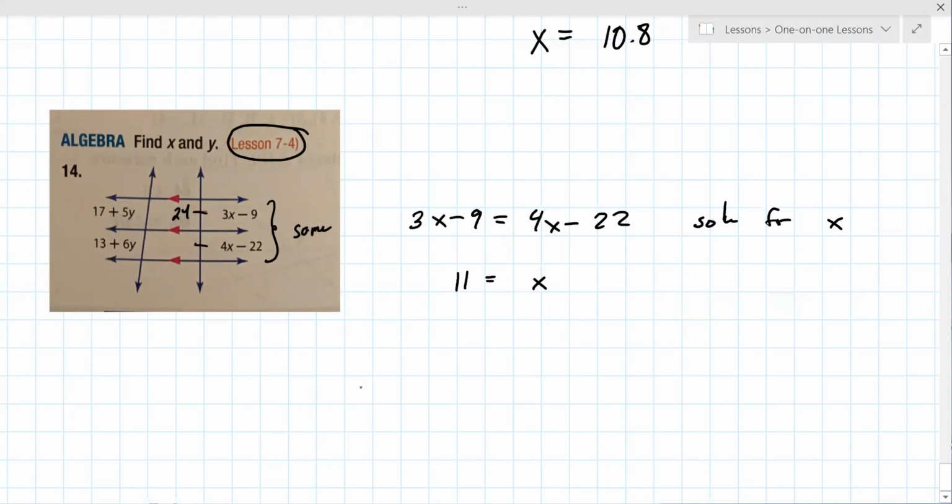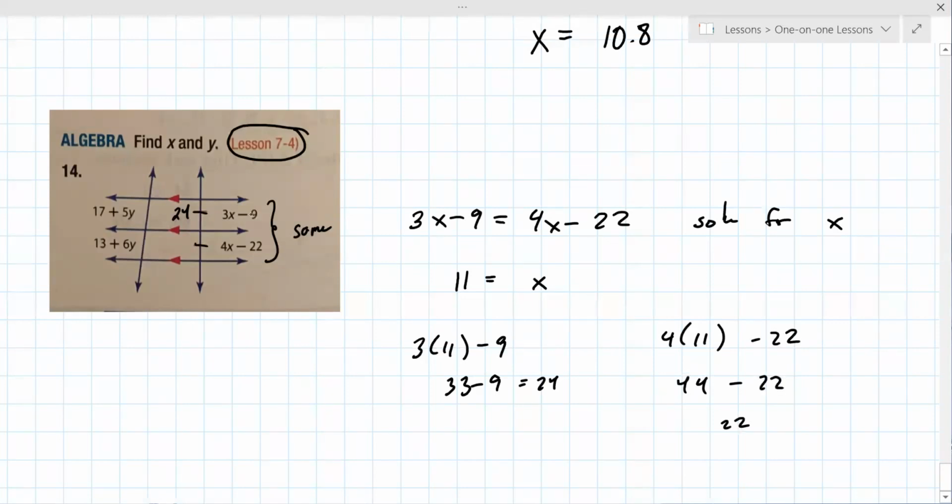What am I not seeing here? 3 times 11 minus 9 is 33 minus 9, that's 24. 4 times 11 minus 22 is 44 minus 22, which is 22. What am I not getting here? Subtract, add, x is 11. Really struggling here to see why this is not right.